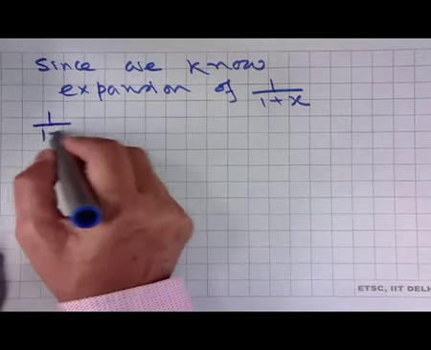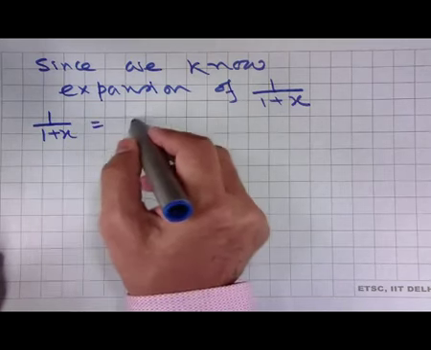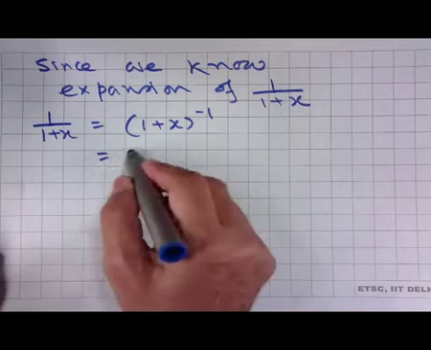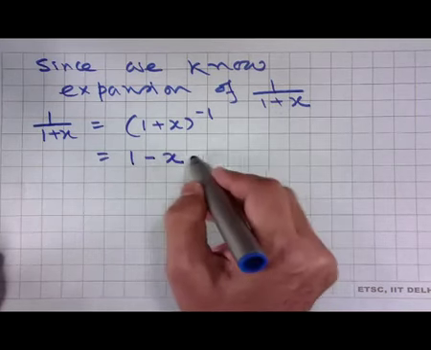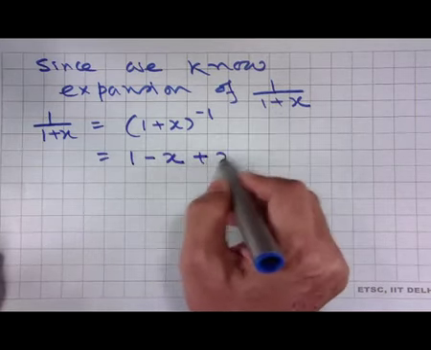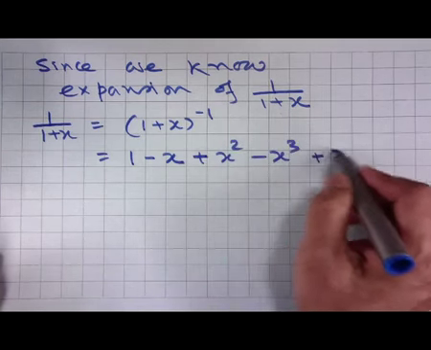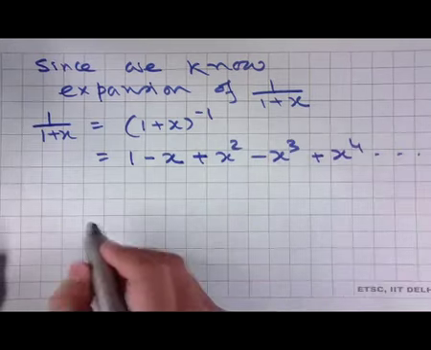1 upon 1 plus x is equal to 1 plus x whole to the power minus 1, which is equal to 1 minus x plus x square minus x cube plus x to the power 4, like that.